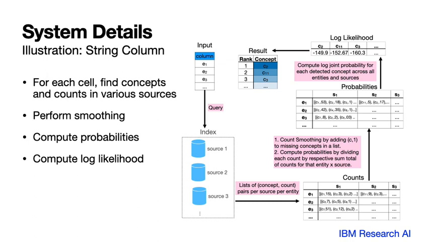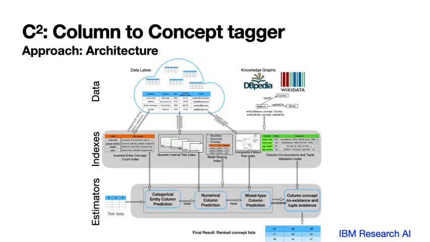In the interest of time, I'll skip a lot of the details, but this is the general architecture of C squared, where on the top layer you see data, which is either knowledge graphs or data lakes. We use both, and there's no limitation in the sense of using only 32 million tables. And since then, we have actually been using more, and you can just add any new data source, and usually the performance becomes better.